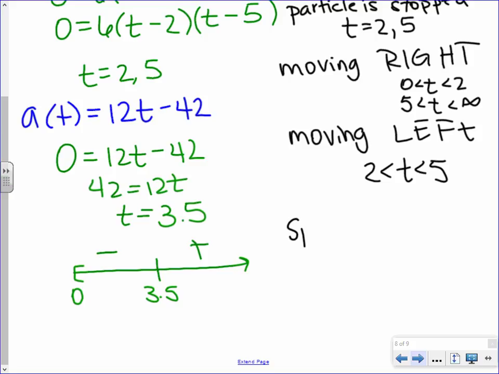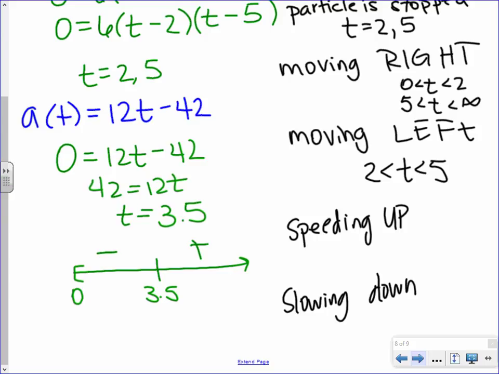Now, I want to analyze when we are speeding up versus slowing down. Does this just mean positive acceleration versus negative acceleration? No. Remember, our acceleration needs to be in the same direction as our velocity if we are speeding up. If our acceleration and velocity are in opposite directions, we are slowing down.